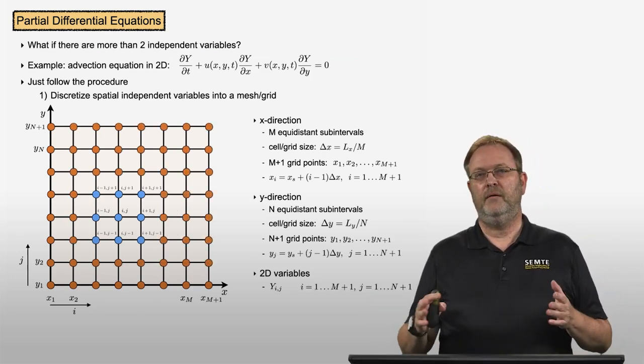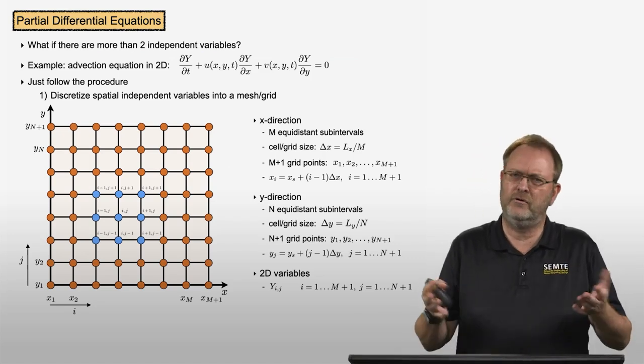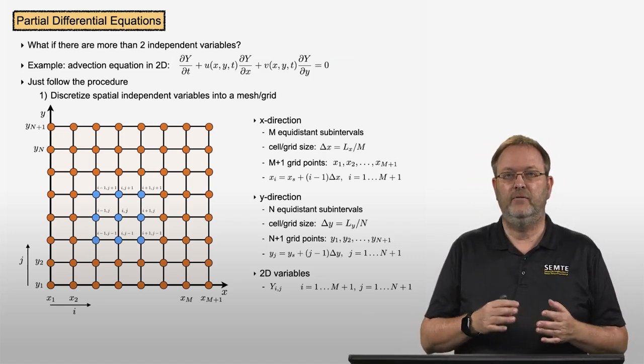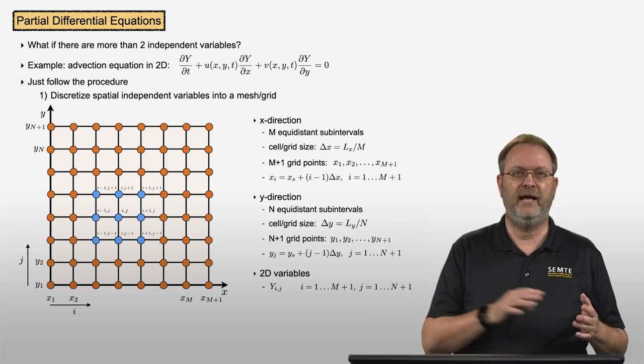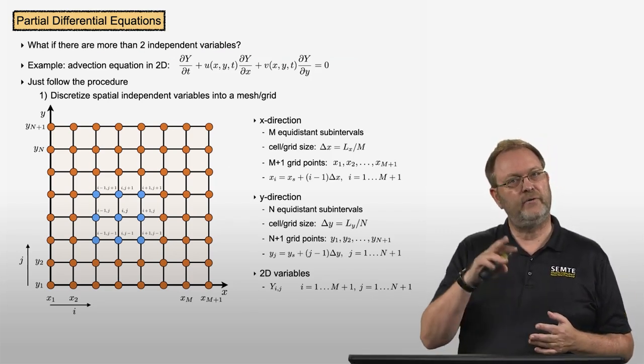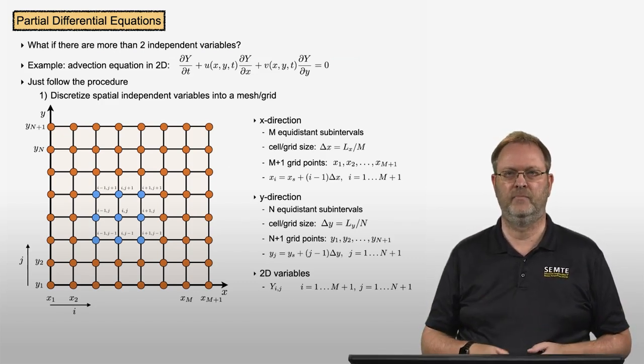Now that means my y variable, this array, is no longer a vector, it's a 2-dimensional array, and will be defined with points in the x direction from 1 to m+1, and in the y direction the j index will be from 1 to n+1.